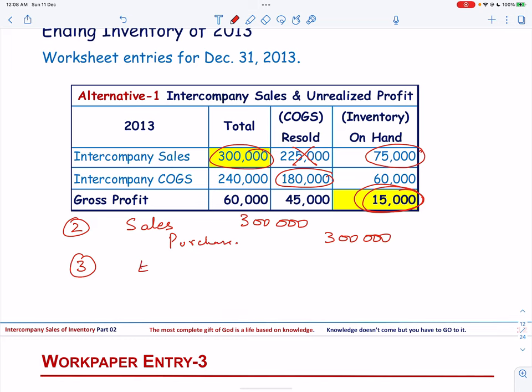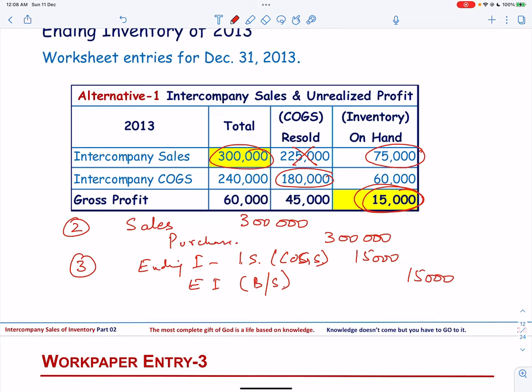So this will be work paper entry number 3. We have ending inventory in the income statement, here we can say cost of goods sold, if you like, by 15,000, and ending inventory in the balance sheet is credited by 15,000.